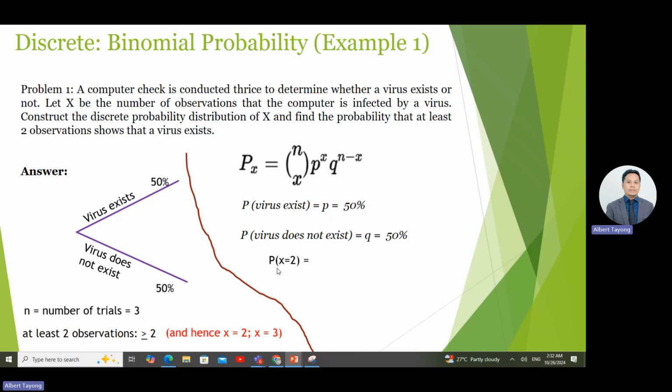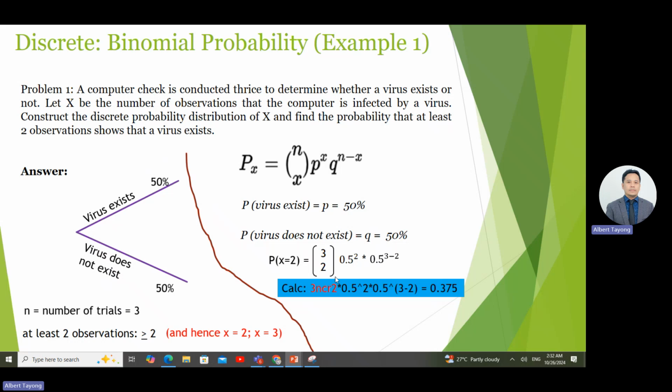So our x is equal to 2, that is P of x equals 2, getting 2 observations. We're going to start with 2 because it's at least 2, okay? So our n will become 3 here because we have 3 trials, thrice, and x is equal to 2. And our p is 0.5, 50%, raised to the power of x, so raised to the power of 2, times our q, which is 0.5 again, raised to the power of n minus x, so that is 3 minus 2.